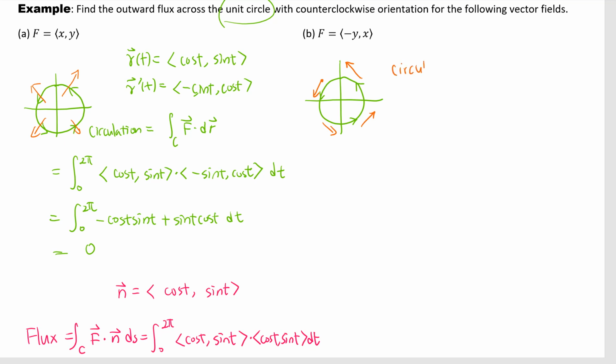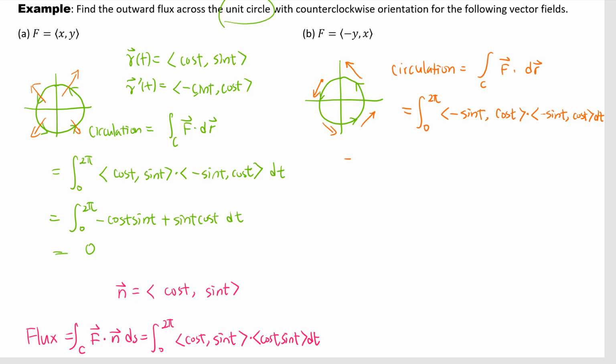Well, circulation in this case is the integral of F dot dr, or dγ, where t is from 0 to 2π. F is (-y, x), with y equal to sine t, so minus sine t, and x is cosine t, and dr is (-sine t, cosine t) dt. So far, so good, everybody?